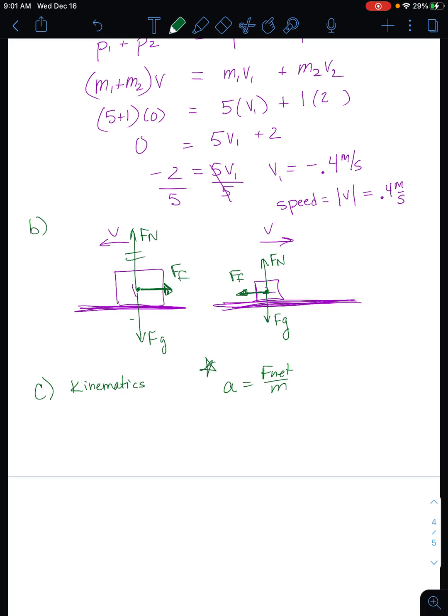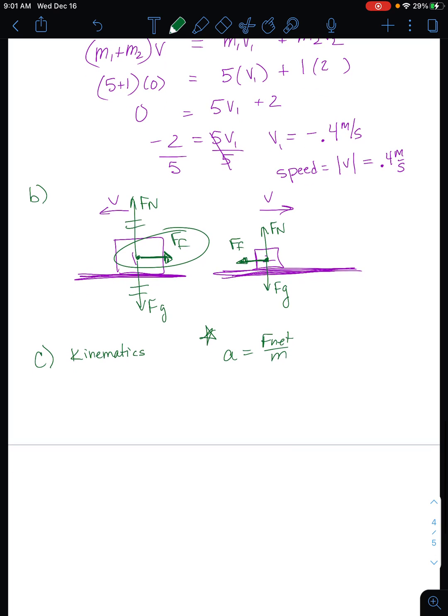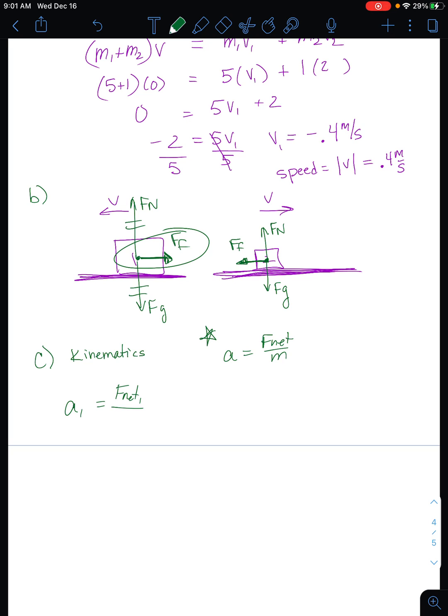You can see that the normal force and the force of gravity balance, and that the unbalanced force acting on it is friction. So when I'm solving for the acceleration of block 1, I need to use the net force acting on block 1 and the mass of block 1. And so the acceleration of block 1 will be the force of friction acting on 1 divided by the mass.